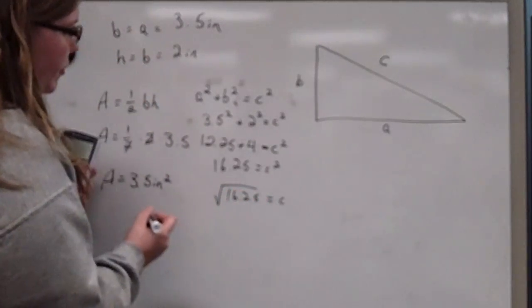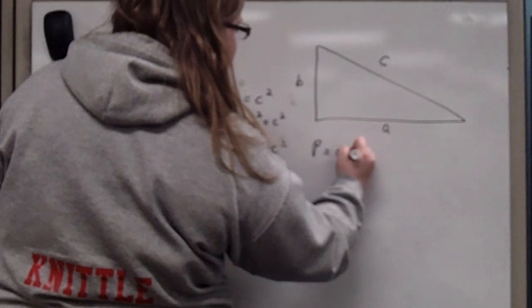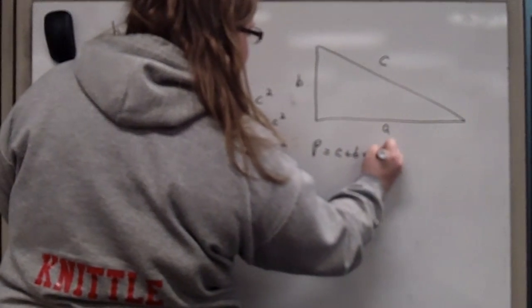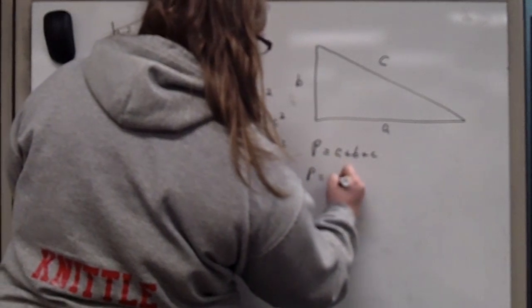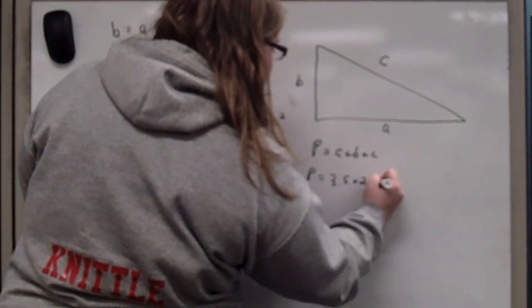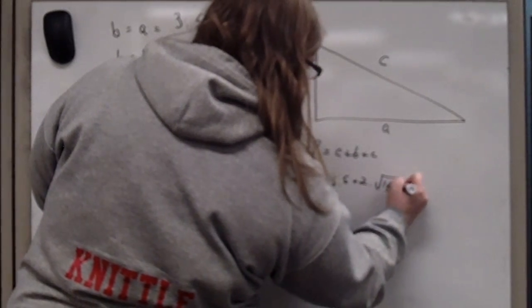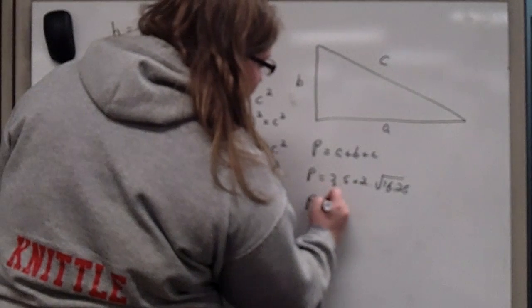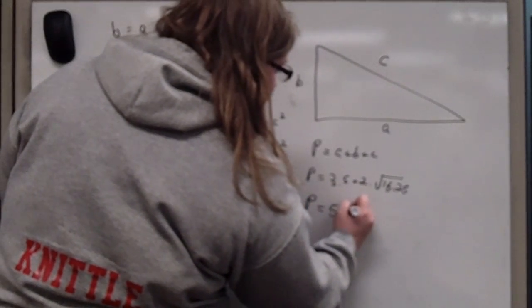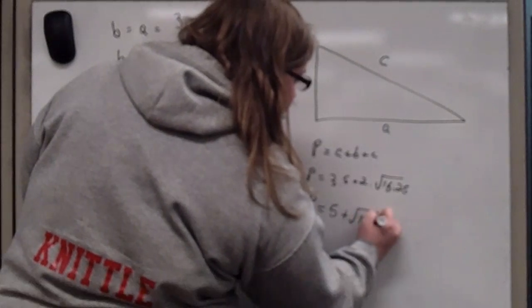Now, our perimeter formula is P equals A plus B plus C. So we know our perimeter is going to be 3.5 plus 2 plus the square root of 16.25. 3.5 plus 2 is 5 plus the square root of 16.25.